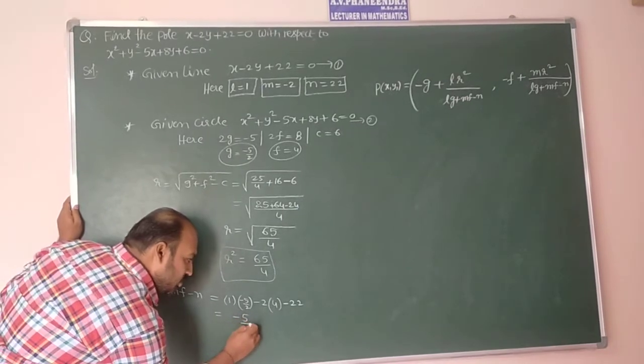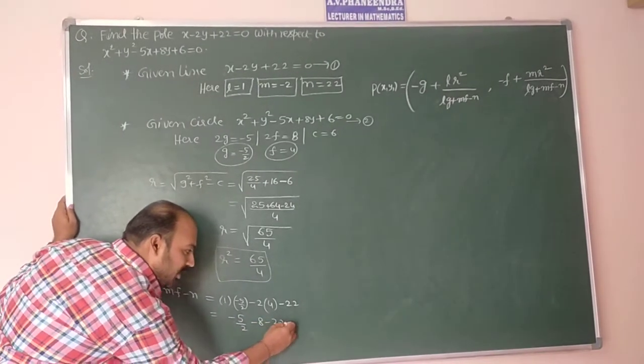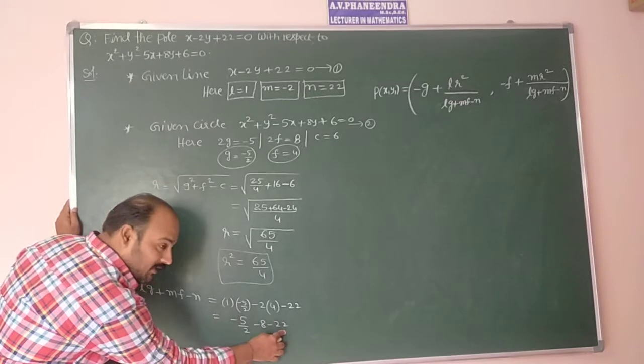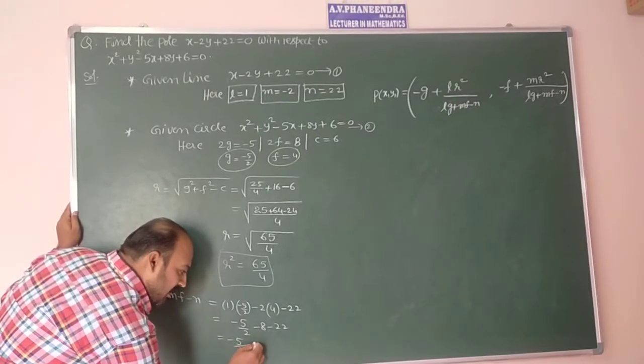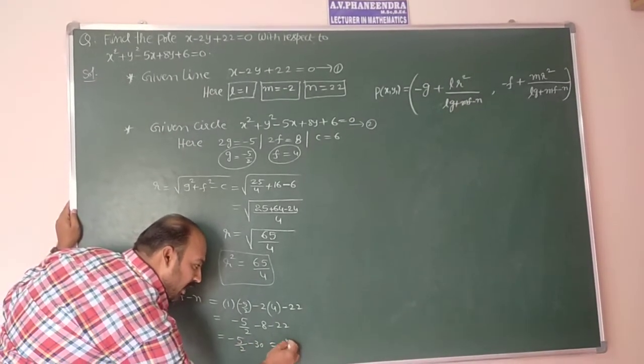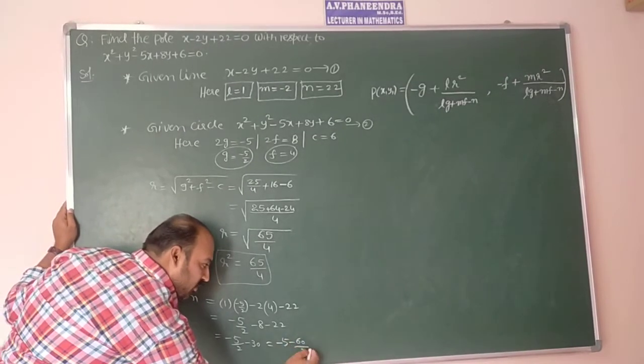So minus 5 by 2, minus 8, minus 22. So it is minus 30, minus 5 by 2.